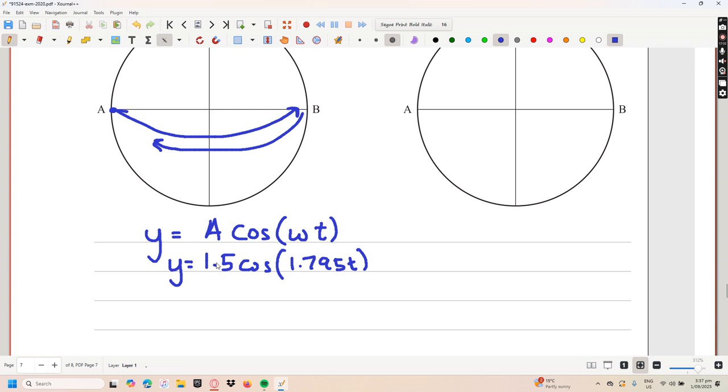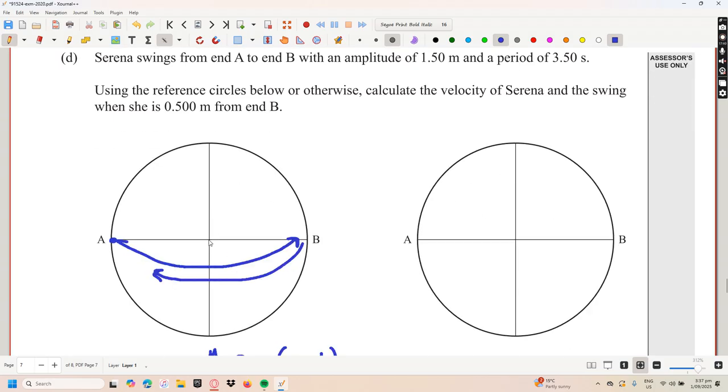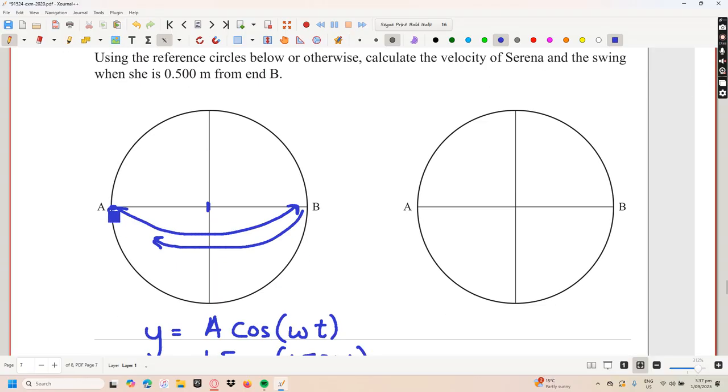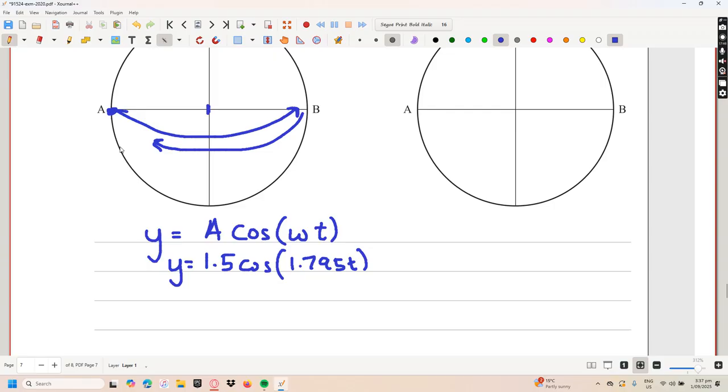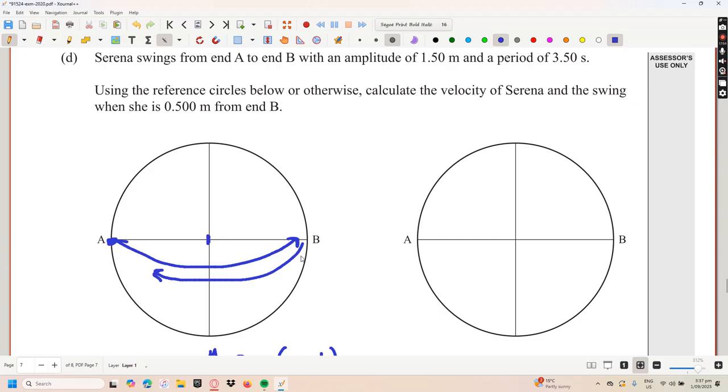So it oscillates between 1.5 and minus 1.5, which should make logical sense because she never gets further away than 1.5 meters from the middle. This would be a position of 0. If we define this to be positive 1.5, so she's starting at positive 1.5, we ask the question, what is T when she is 0.5 meters from B?